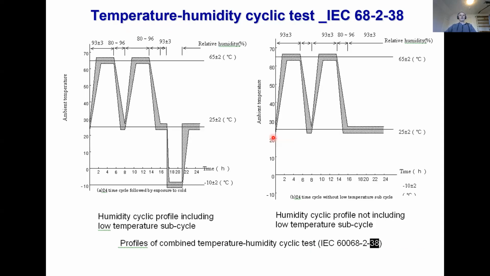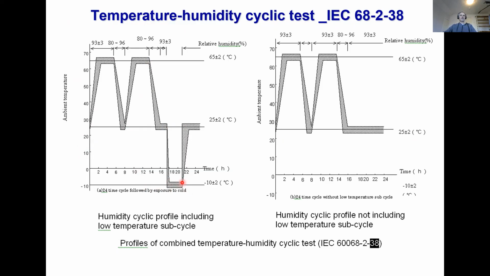And then you can have different versions. Here the temperature is a little bit higher, and there are 2 cycles where the minimum temperature is room temperature, and then the 3rd cycle goes to -10.